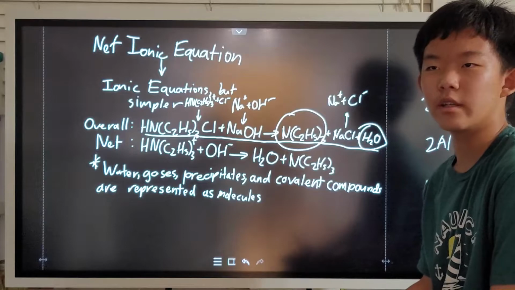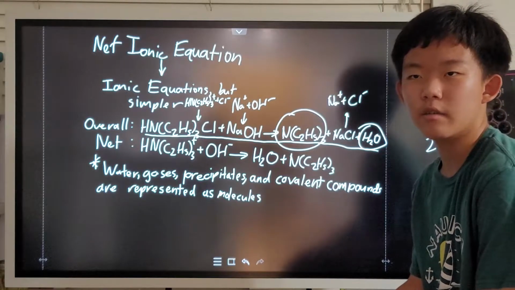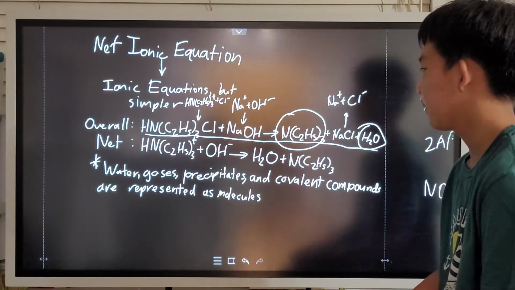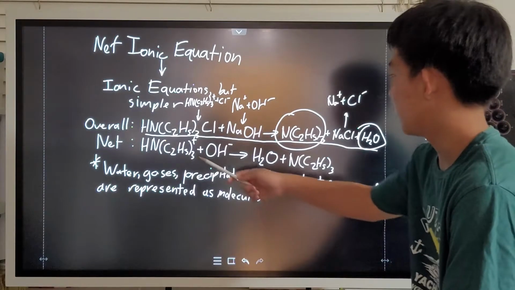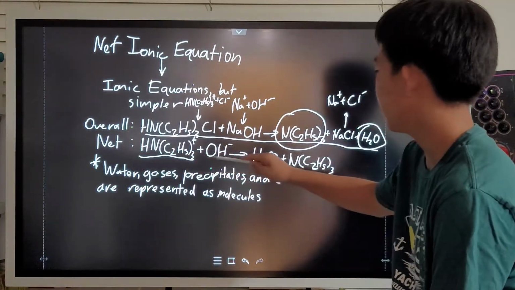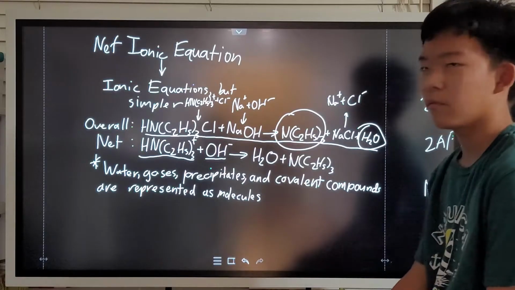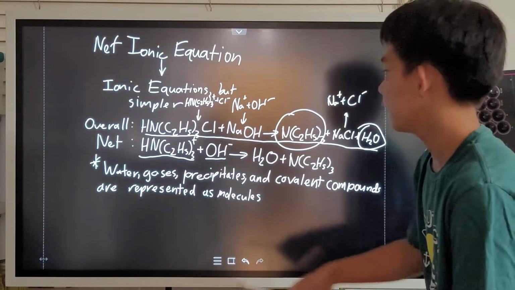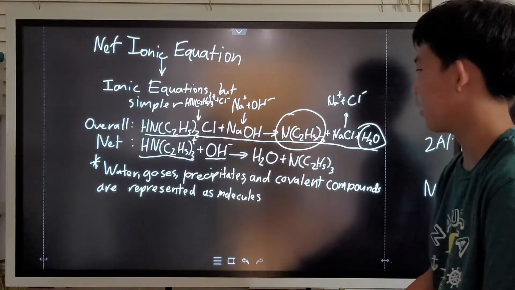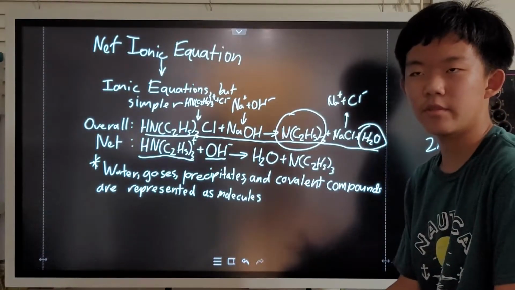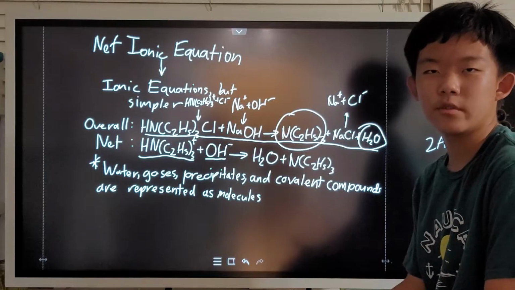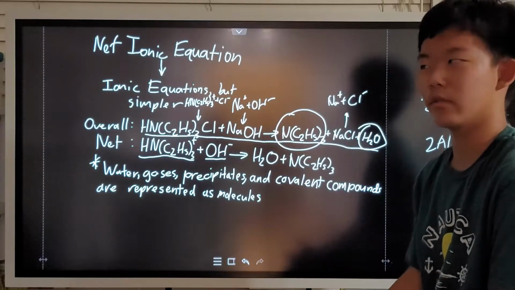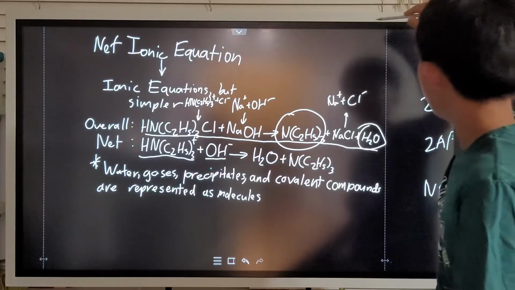They're not going to be doing anything in the reaction. They're just hanging around looking at what's happening. So the net ionic equation is the reaction of triethylammonium ions and hydroxide to form water and triethylamine. Now, water, gases, precipitates, and covalent compounds are represented as molecules because, after all, they can't ionize or anything.